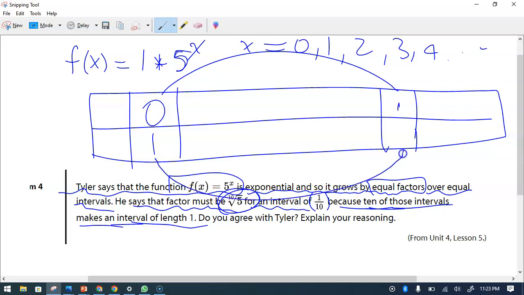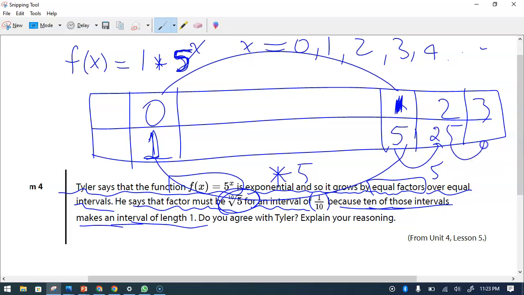That means from here to here, when x is 1, you are going to multiply by 5, because there's a 5 here, right? So the growth factor is 5. So this one, right here, gets multiplied by 5, so this will be 5. And then for 2, again you multiply by 5, it will be 25. For 3, again you multiply by 5, it will be 125.